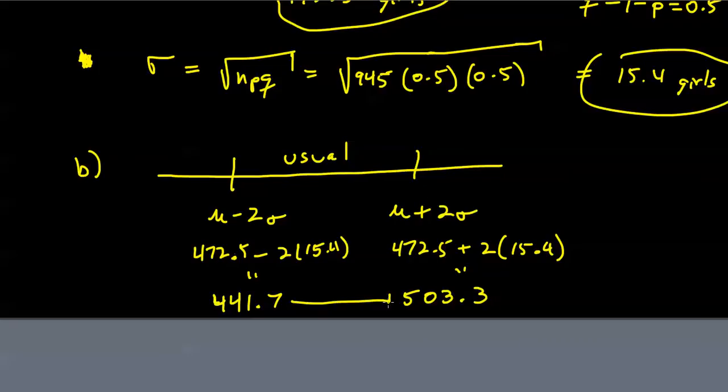So anything in this range, for my number of girls, I'm going to consider usual. Okay? So that's B. They wanted us to find the min usual and the max usual number of girls in these 945 births. Let's go to part C.